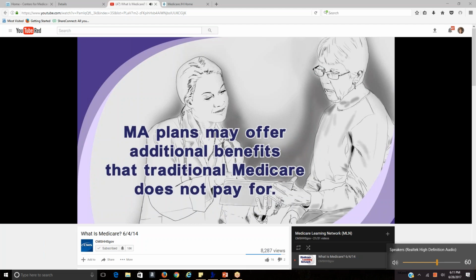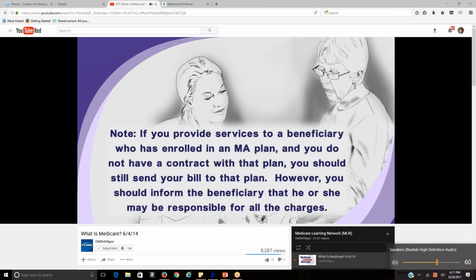In addition, MA plans may offer additional benefits that traditional Medicare does not pay for. Note, if you provide services to a beneficiary who has enrolled in an MA plan and you do not have a contract with that plan, you should still send your bill to that plan. However, you should inform the beneficiary that he or she may be responsible for all the charges.